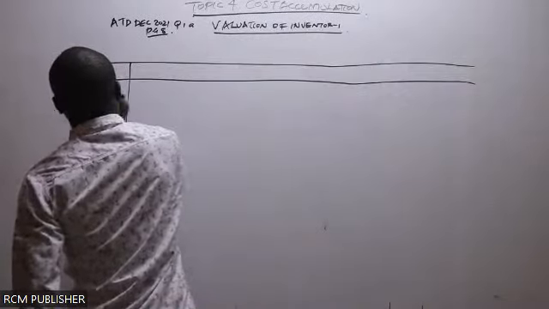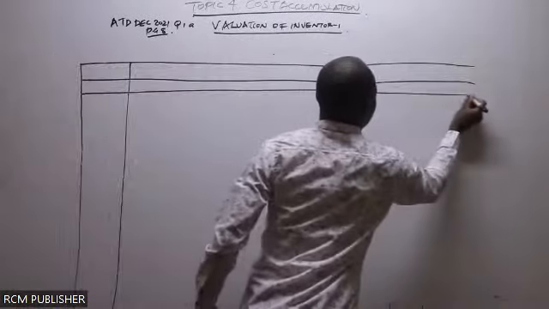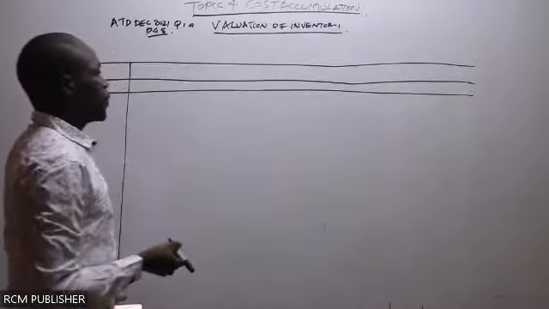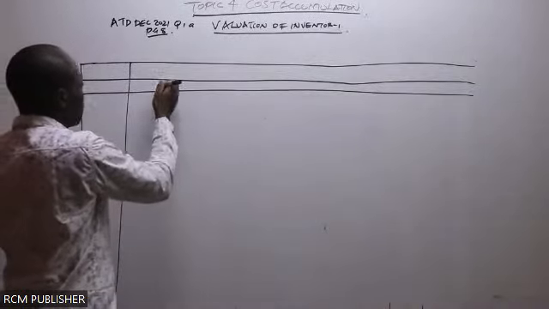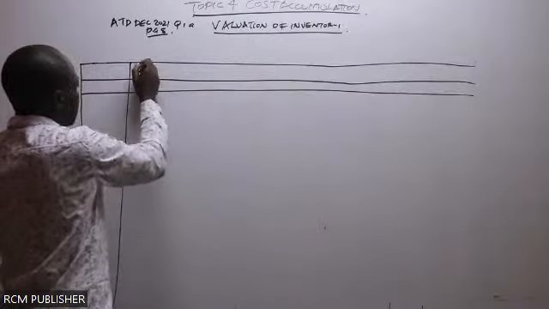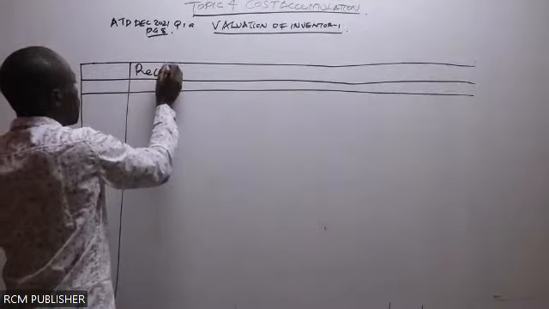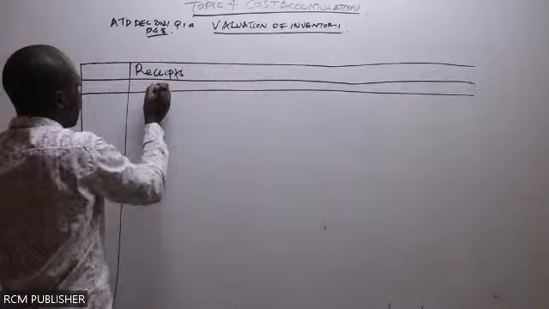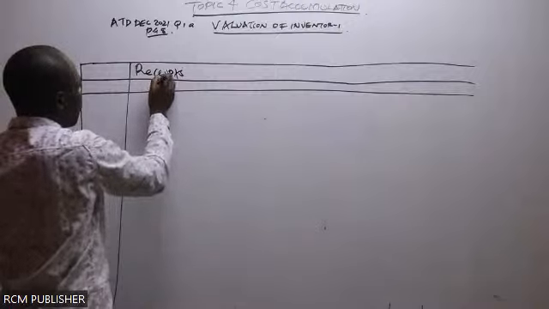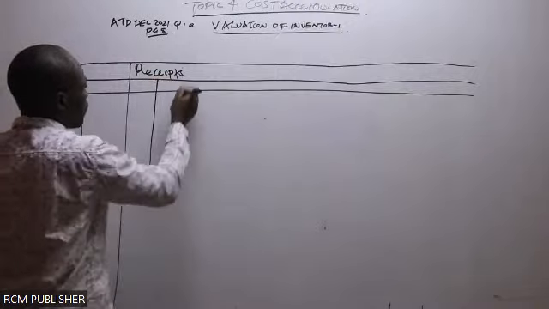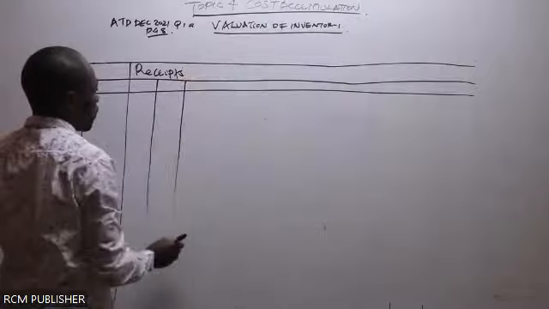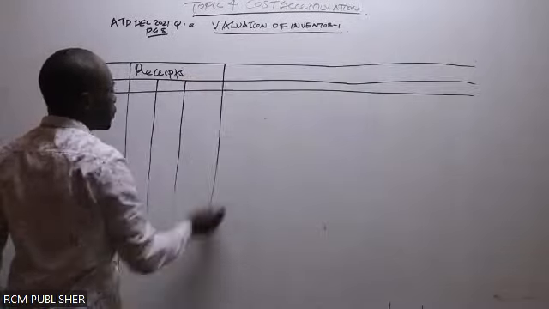And for these receipts, we have to indicate 3 columns. Our first column under receipts will be units. Then we have cost per unit, then amount.